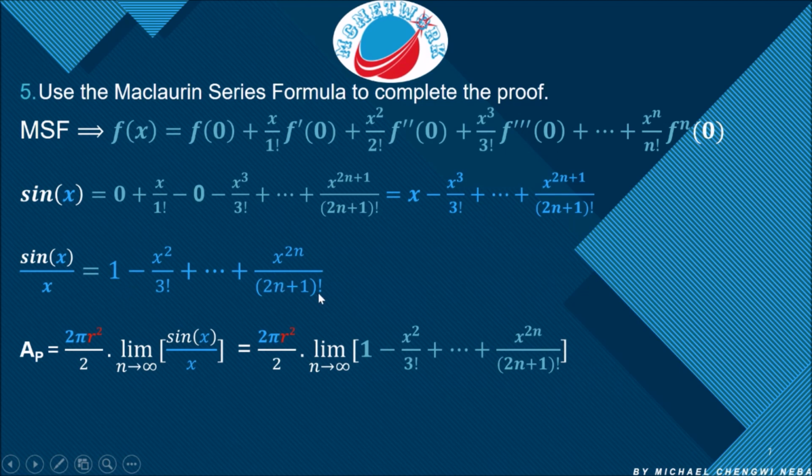That will help us to get the appropriate limit of sine x over x. And this is the proof of how the limit of sine x over x when x is tending towards 0 gives you 1. Now remember, in this case we are talking about when x is tending towards 0.